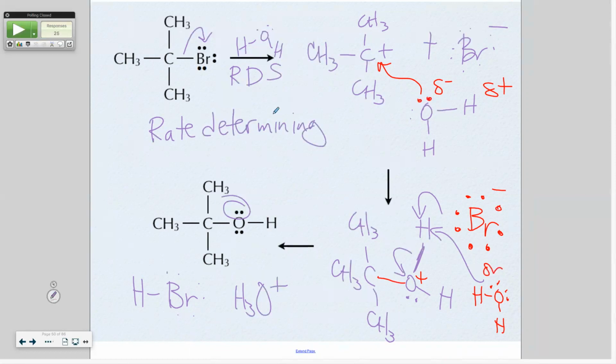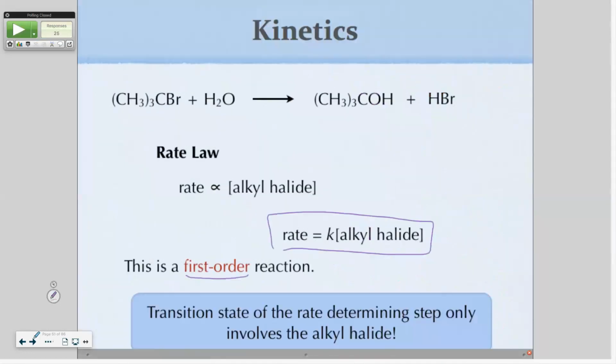Everything else is fast compared to it. It's the rate determining step. See, that's how they figured that out. This was one of their clues to figure out that mechanism. Why would it happen that would only involve that t-butyl bromide?